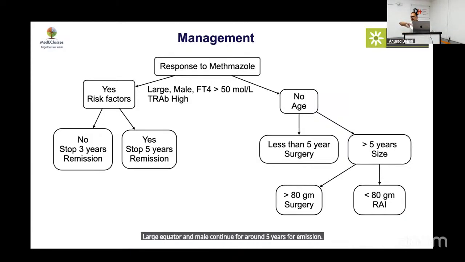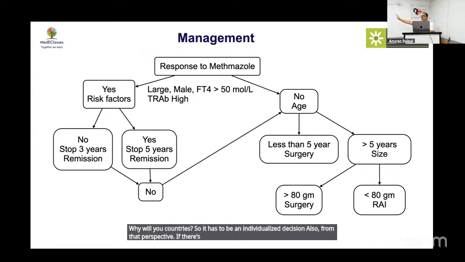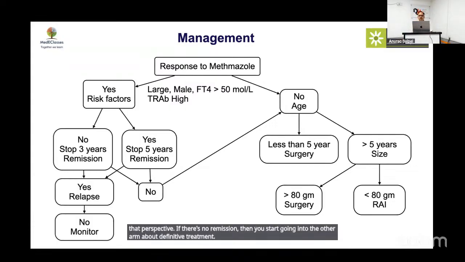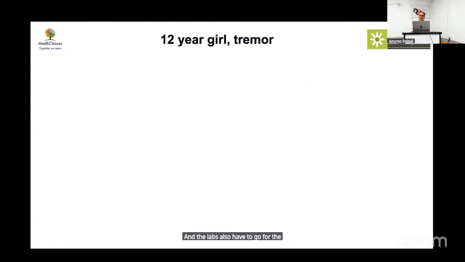But of course, if at 2.5 years your TSH is high, why will you continue? So it has to be an individualized decision also. If there's no remission, then you go to the other arm, definitive treatment, and for relapse also you have to go for the definitive treatment.